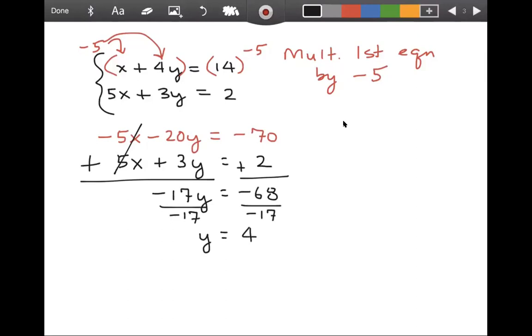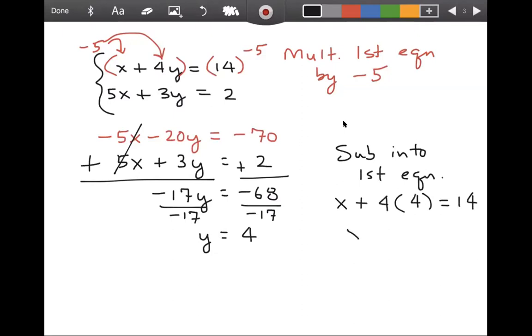So now I just need an x. And once again, I will put that value into the first equation, but the second equation will work too. So x plus 4 times blank equals 14.